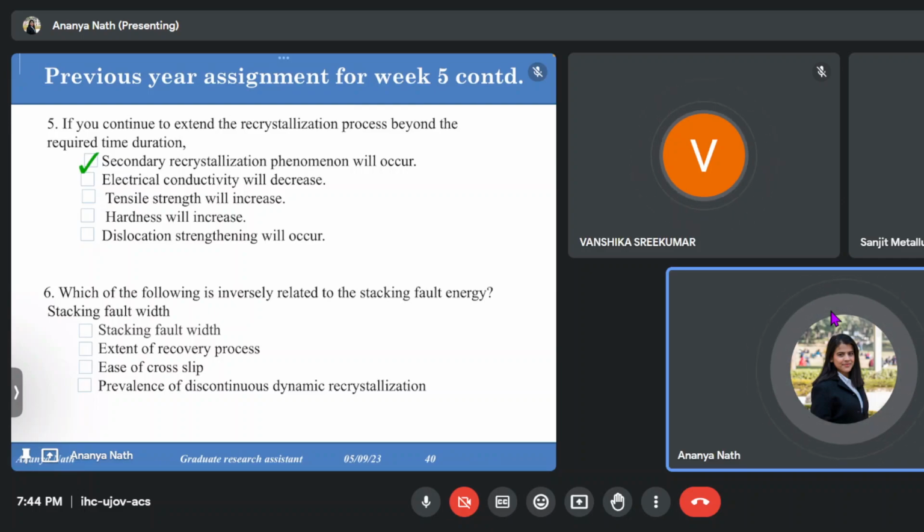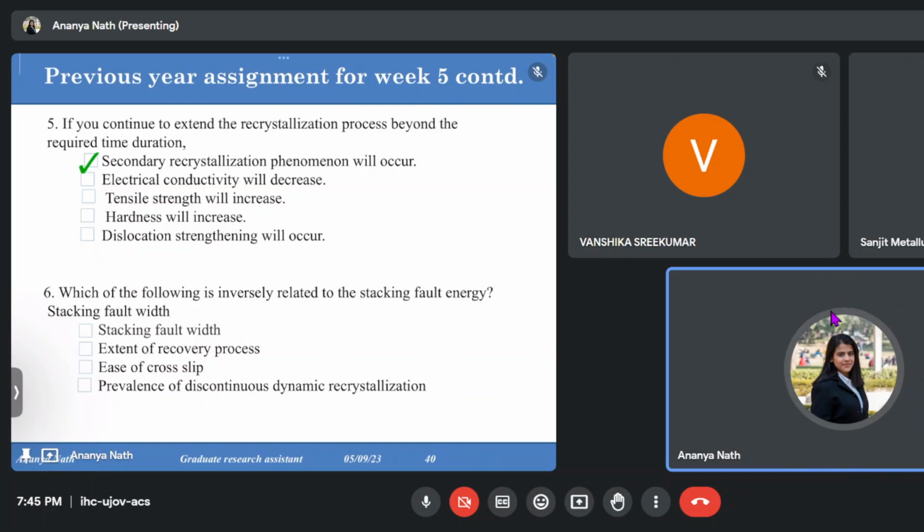It doesn't mean that if you continue doing the recrystallization and some abnormal grain growth is taking place, the resistivity will again increase. It's not the same graph. It's like overaging is taking place, but sometimes we also go for overaging. It's a similar thing for secondary recrystallization.